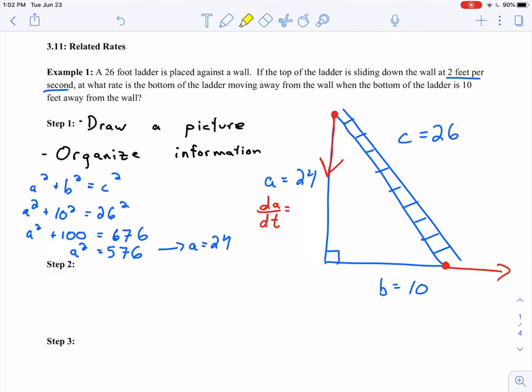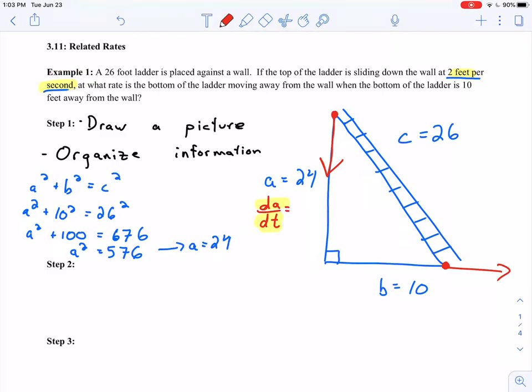Another way that we can tell, look at your units here. 2 feet per second. This is the piece I really want to focus on, that per second. That's a unit of time there. So that helps me decide what I'm taking the derivative with respect to. So I'm taking the derivative of a with respect to time.